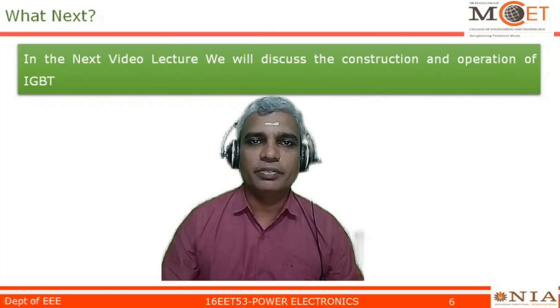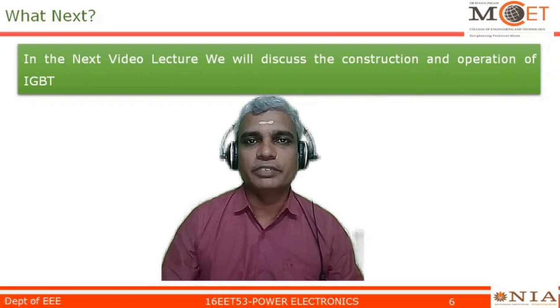In this lecture, we have understood the switching characteristics of power MOSFET, where there is a turn on delay and rise time, which constitutes the on process of the power MOSFET, and turn off delay and fall time, which constitutes the off process of the power MOSFET.